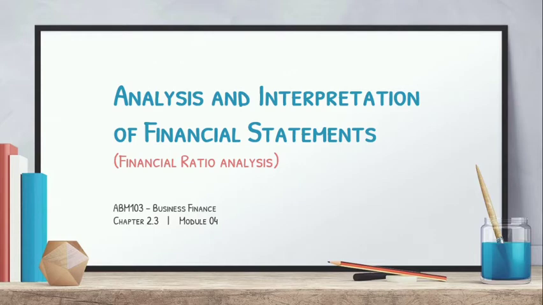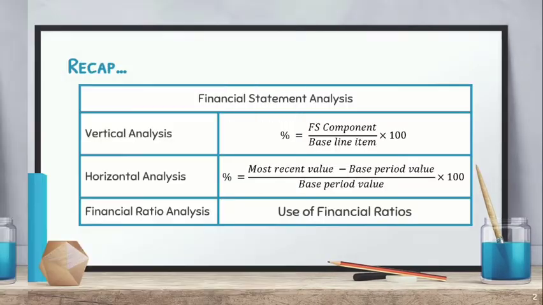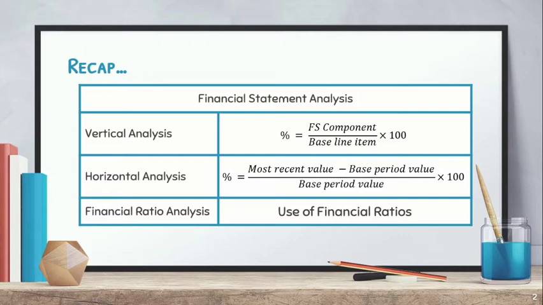So for this week, we will continue discussing the analysis and interpretation of financial statements. But now, we will move on to financial ratio analysis. Last week, we discussed vertical analysis, which is the process of comparing figures in the financial statement of a single period wherein we express each line item as a percentage of a base figure.